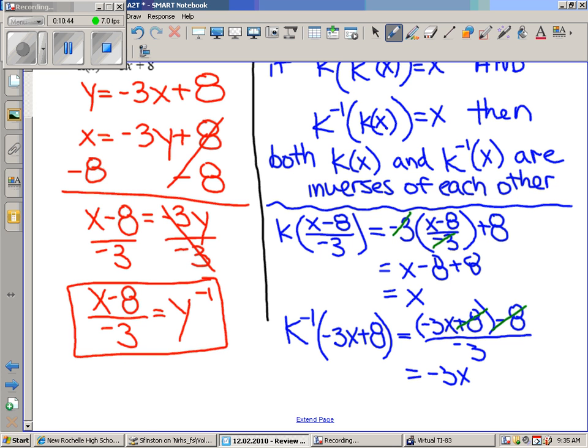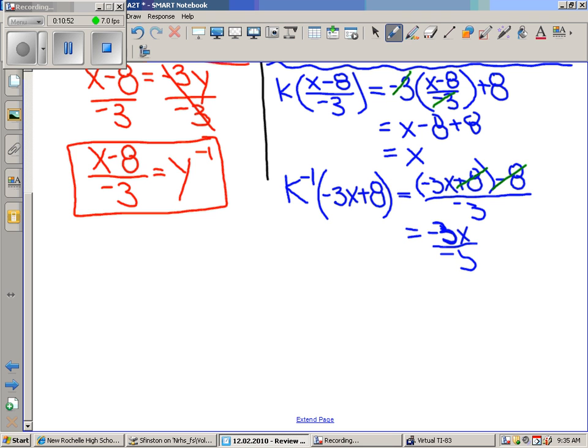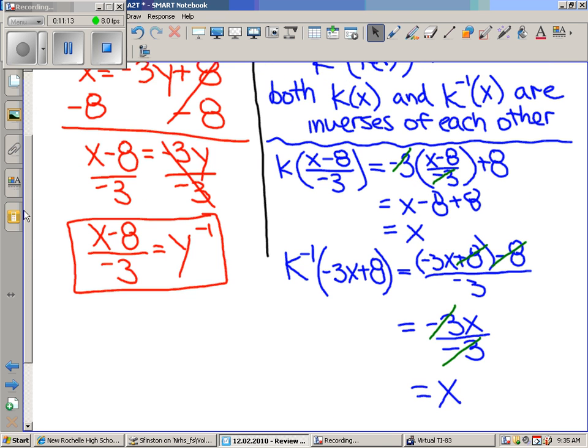Whoops, that's a 3. These two cancel and reduce, and so you got x in the end. So at the end of the day, our statement above was proven.